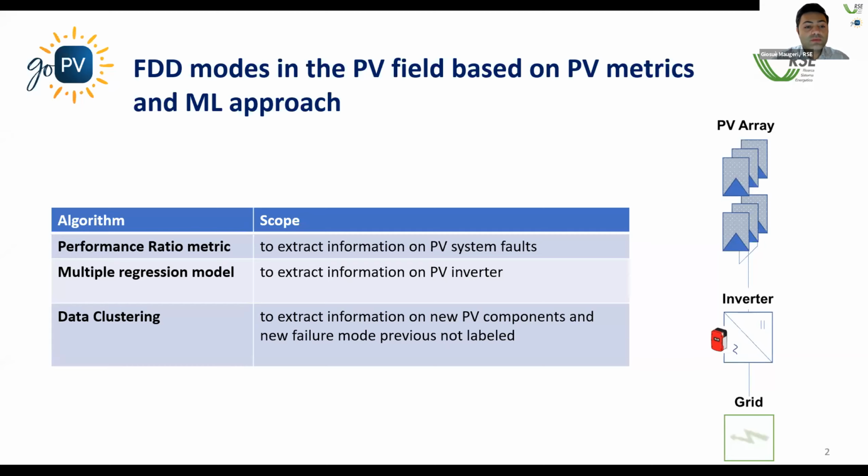The performance ratio metric algorithm is to have information about the PV system performance, fault, and health. Multiple regression models have the scope to extract information by inverter main parameters. And the clustering approach is to have information about faults that previously were not characterized due to, for example, new failure modes, new components, and new technology in the PV system.